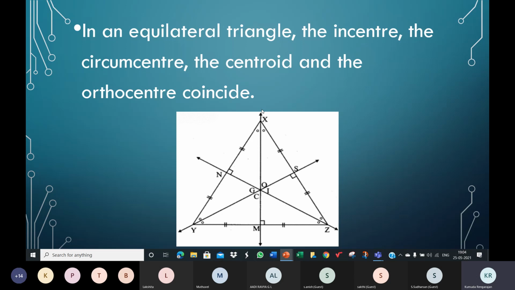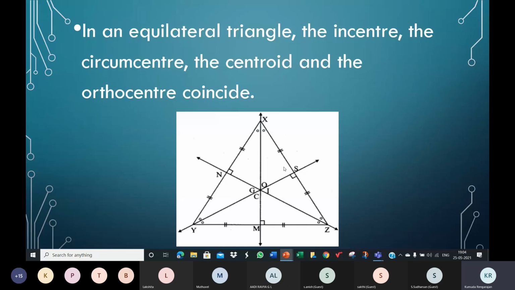You understand? So I'm not repeating it. So this is what you see. This point is the centroid. It's the orthocenter. It's the incenter, and it's the circumcenter. This one point is the incenter I. It's the circumcenter C. What is this G?